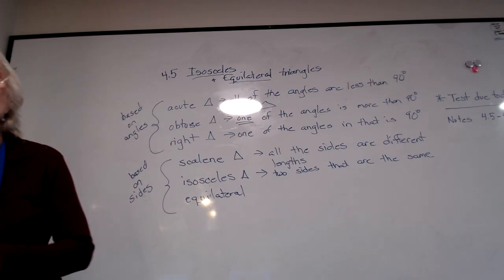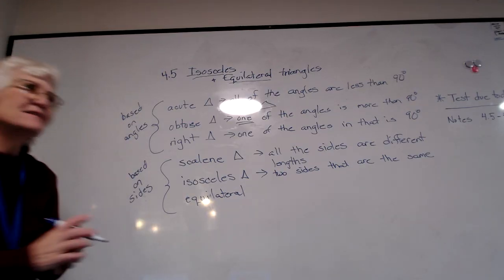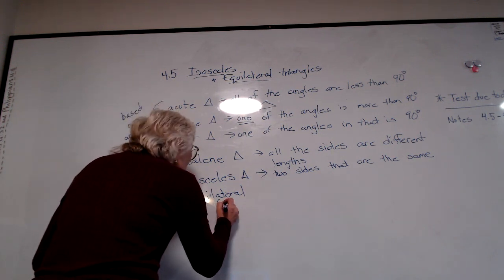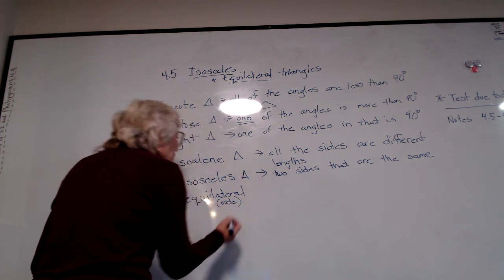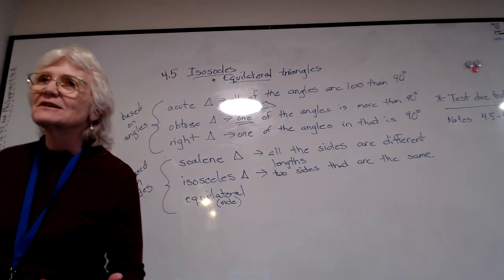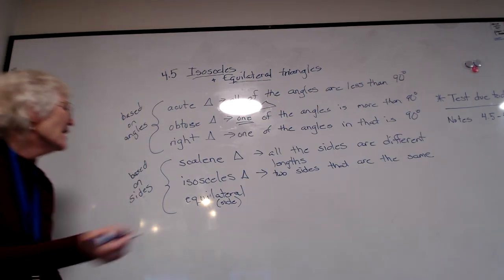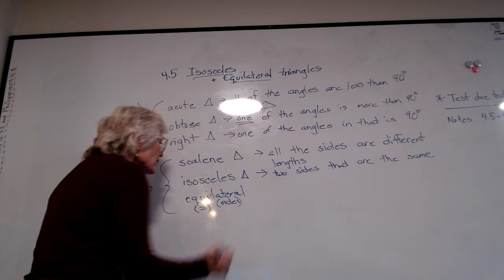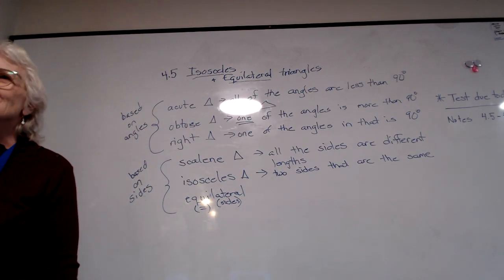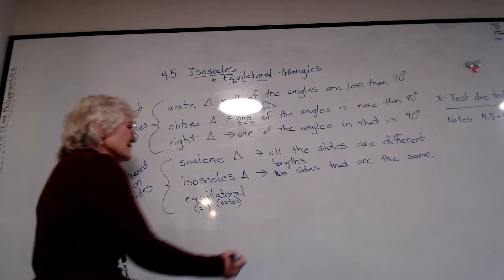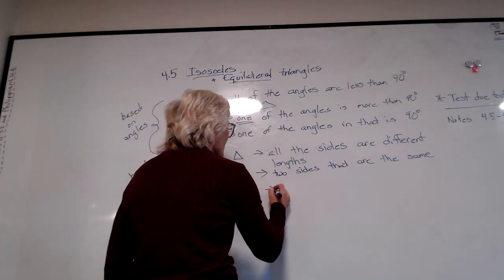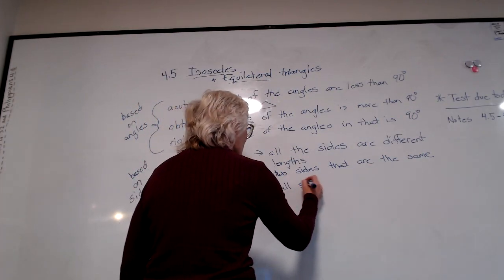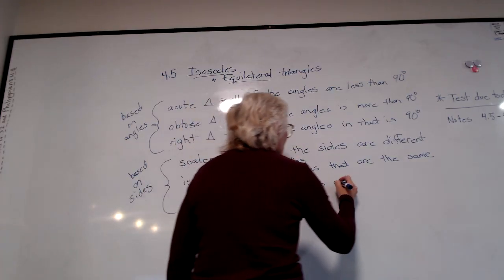It's usually to the side. This really means side. That's why you hear lateral in football, because it means pass to the side. This is equal. So what do we get? Equal sides. That's what equilateral means. That means that all sides are the same.